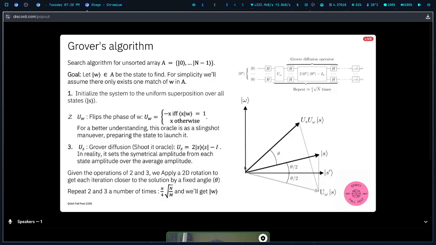So we apply this operator right here that performs the load. And when we shoot, it will be the Grover diffusion, this part here. You don't need to understand what's going on in this part, but it represents, well, I think this is inverted, but no, because we're using Qiskit.